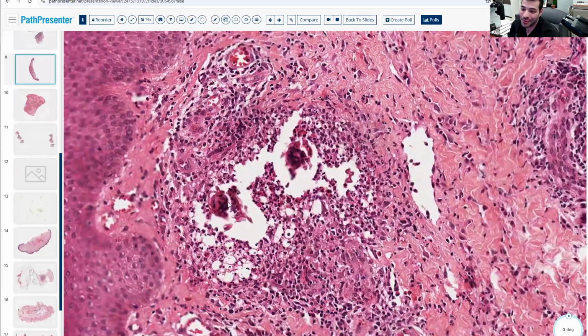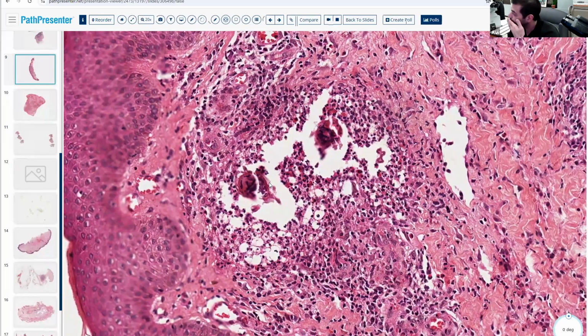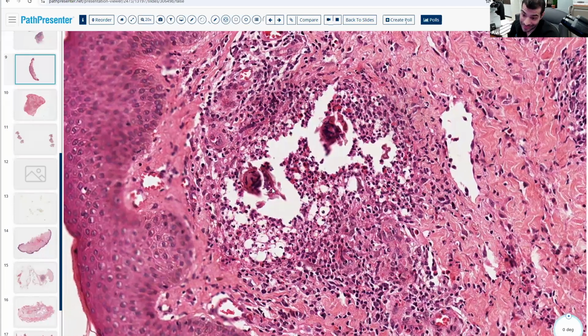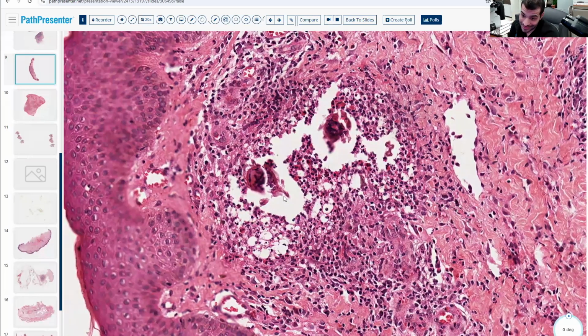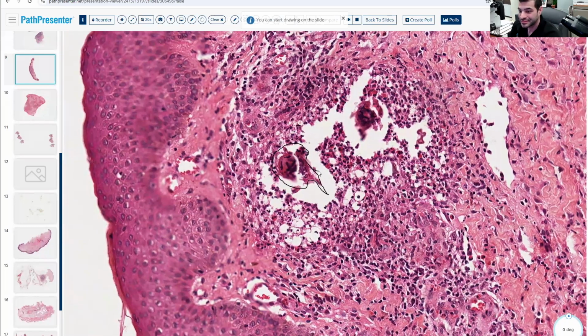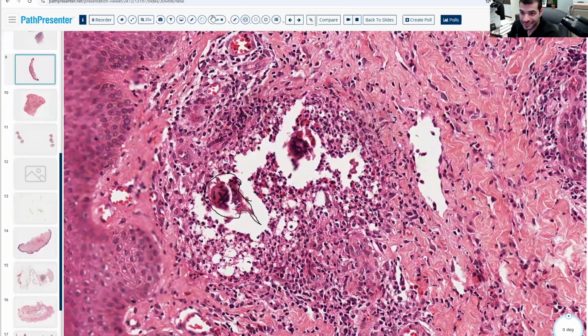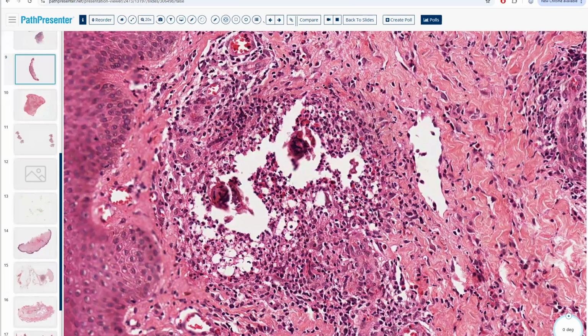Why didn't this thing run away from the eosinophils? Was it because it was too slow?